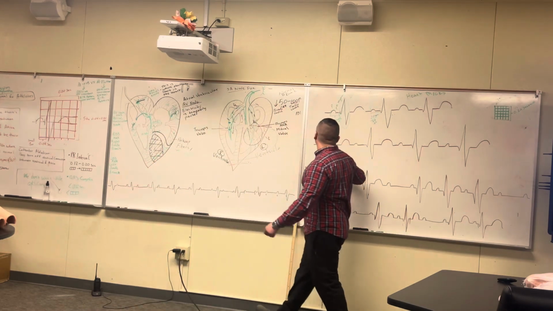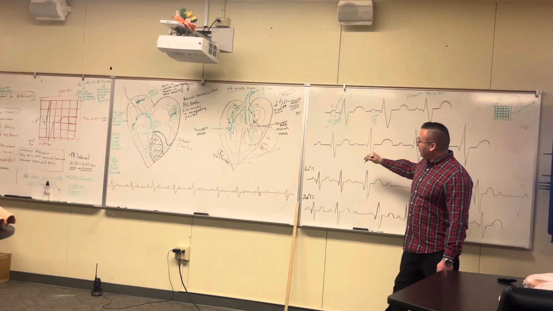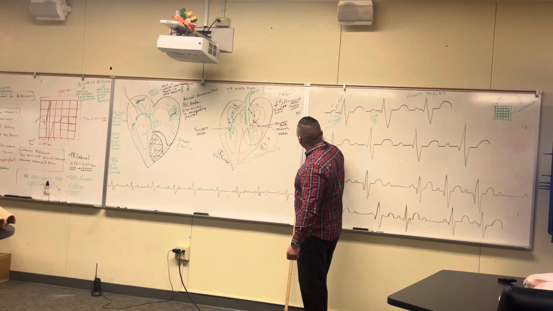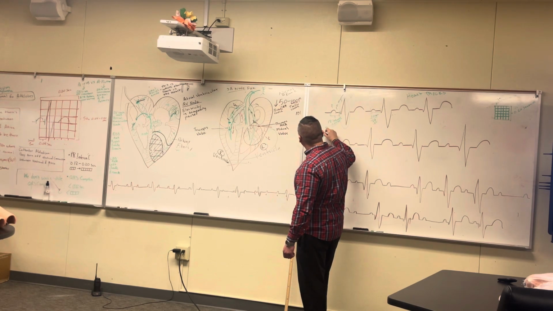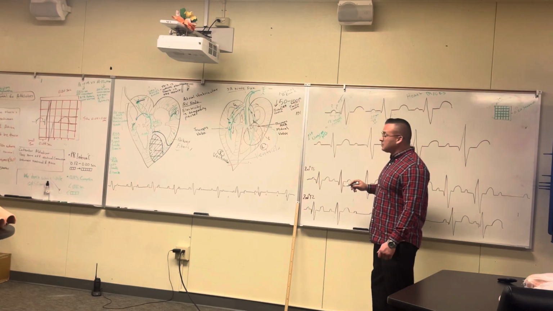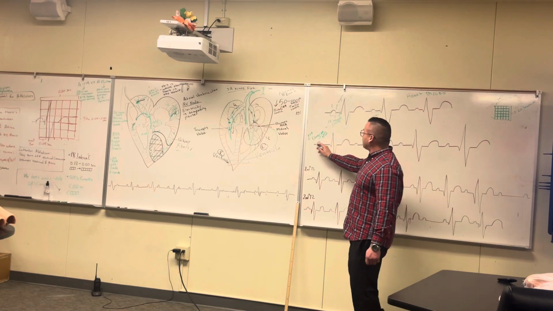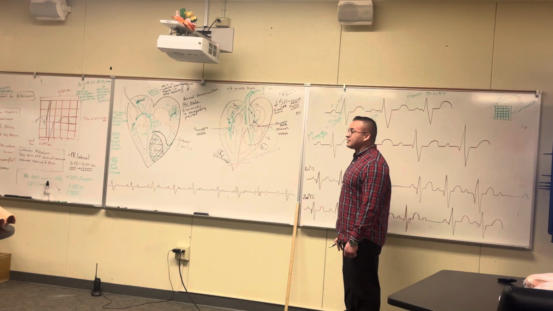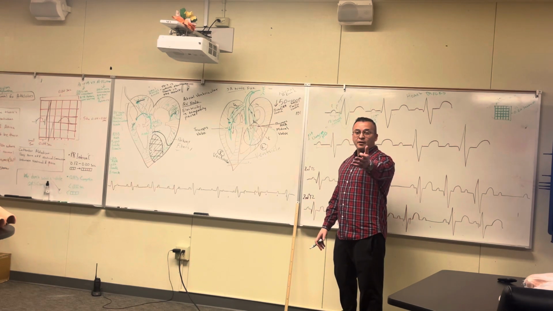Okay, so a first degree heart block, I put HB for heart block, just means that the PR interval from here to here is longer than what?